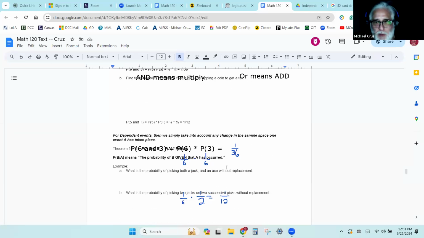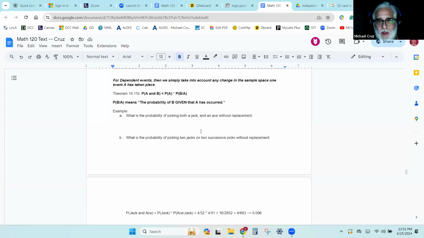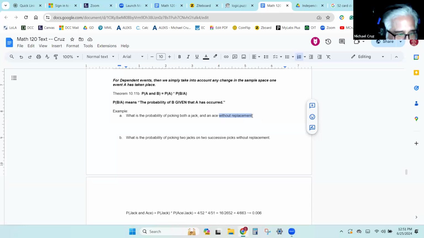So if it's dependent, then the second event's probability has to be determined in light of what happened in event A. Now, the words without replacement are usually a signal that you no longer have independence.